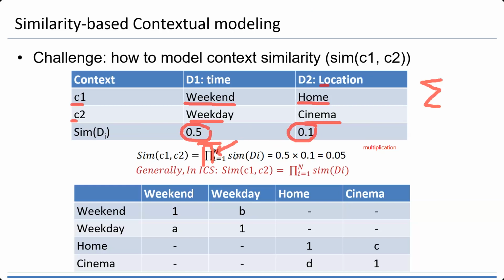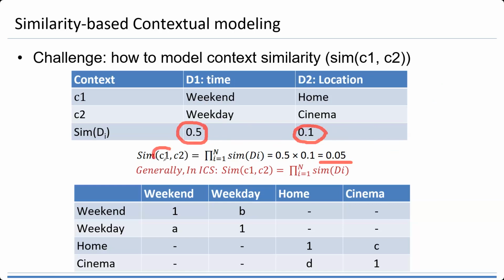Then we want to multiply all the similarities, from index 1 until n. The similarity of dimension 1 is 0.5, the similarity of dimension 2 is 0.1, and then the similarity is 0.05. So this is the overall similarity between context C1 and context C2.